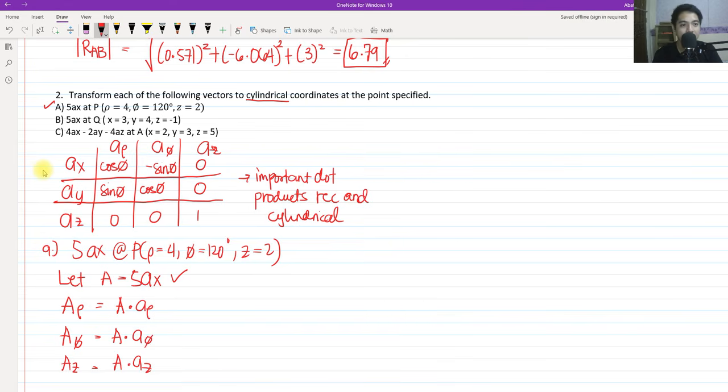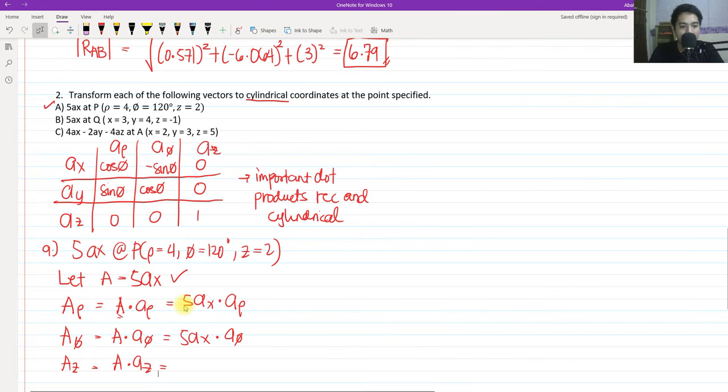The essence of the table above is that if we get the dot product of a sub x and, for example, a sub rho, we need to evaluate the cosine of phi. Since A is 5ax, that should be dotted by a sub rho. Since A is 5ax here, this should be dotted by a sub phi.